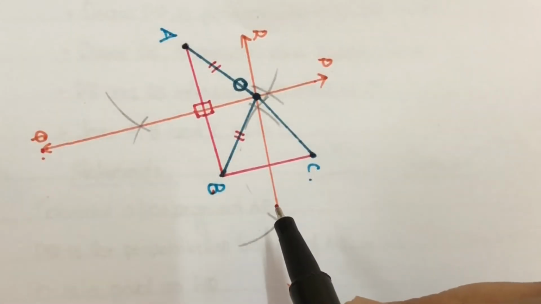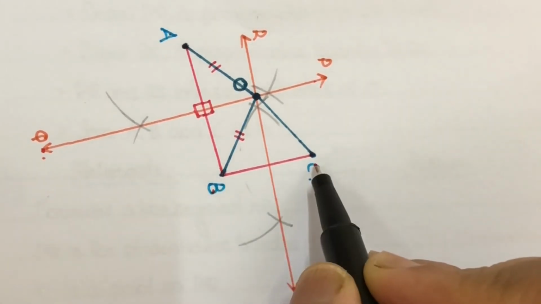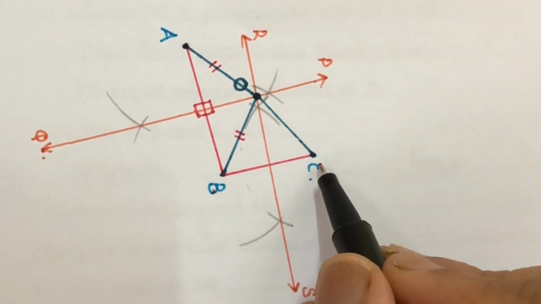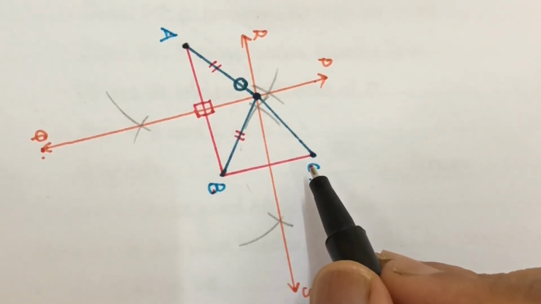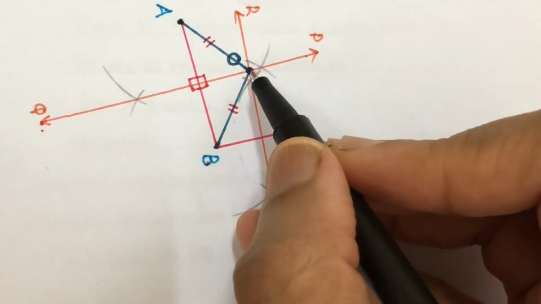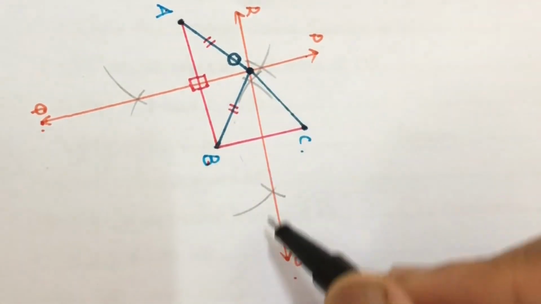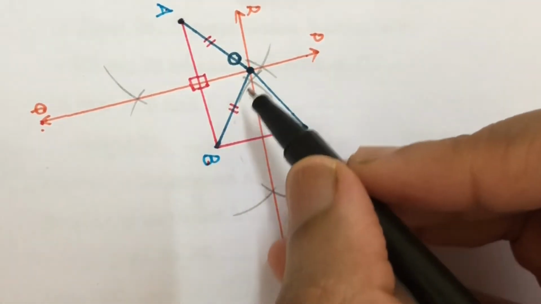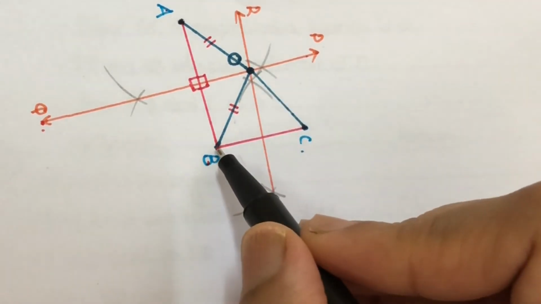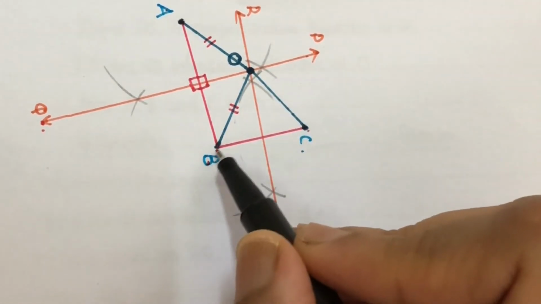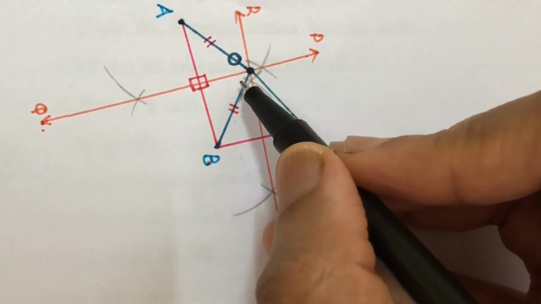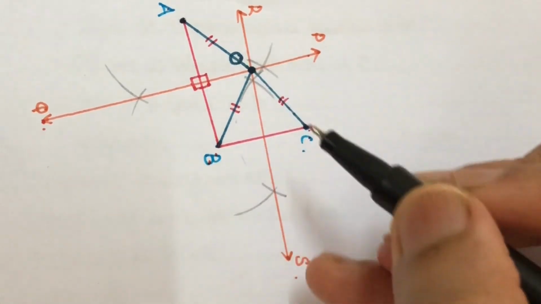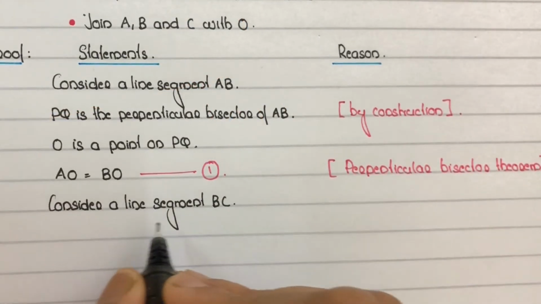Similarly, consider the line segment BC, and RS is the perpendicular bisector of BC by construction, and O is a point on RS, perpendicular bisector. Then by perpendicular bisector theorem you can say that O is equidistant from B and C, endpoints of the line segment, that is BO equal to CO. Consider a line segment BC.